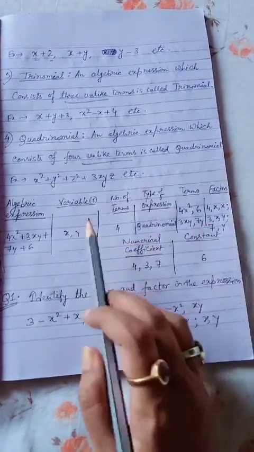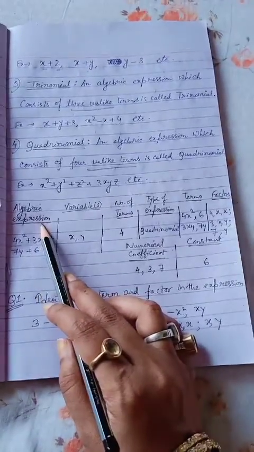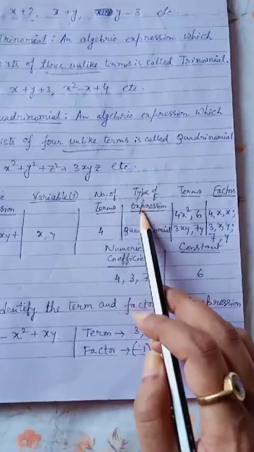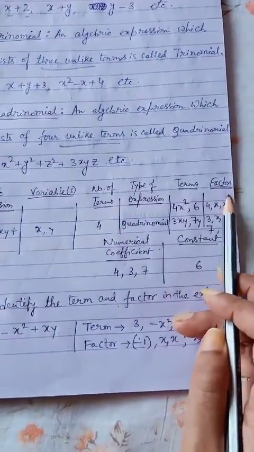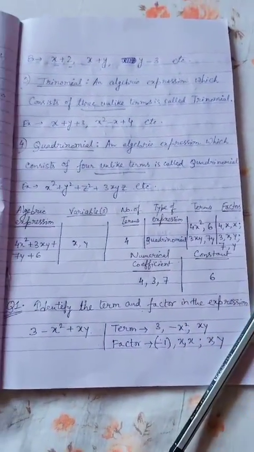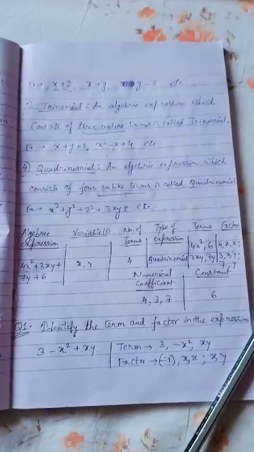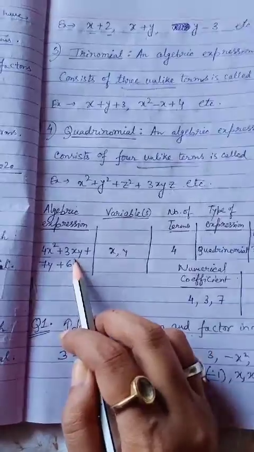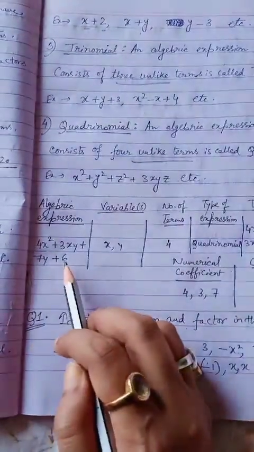Now we will expand an algebraic expression into variables, number of terms, type of expression, terms, factors, numerical coefficient and constant. The algebraic expression is 4x square plus 3xy plus 7y plus 6.